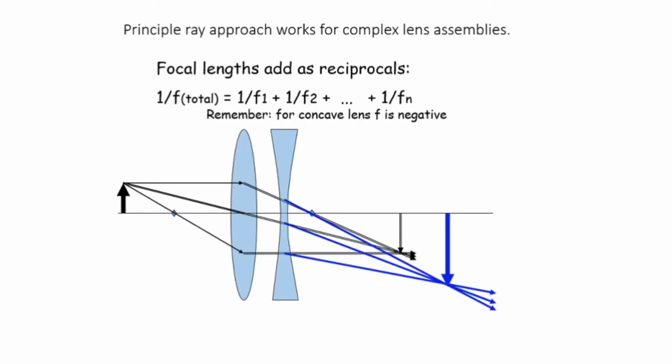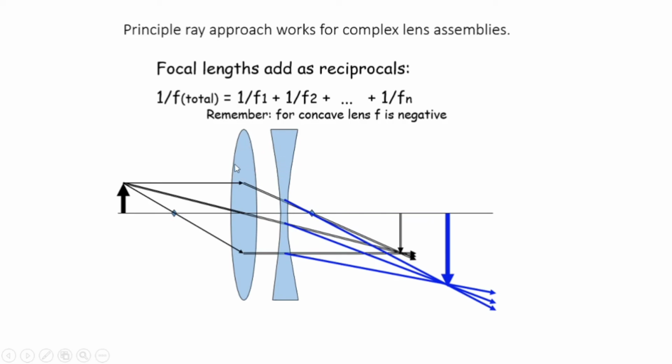The principal ray approach works for complex lens assemblies. Focal lengths act as reciprocals: 1 over f is equal to 1 over f1 plus 1 over f2 and so on up to 1 over fn, where f1, f2, fn are the respective focal lengths of that optical lens system. Here there is a combination of two lenses, one convex and another concave.